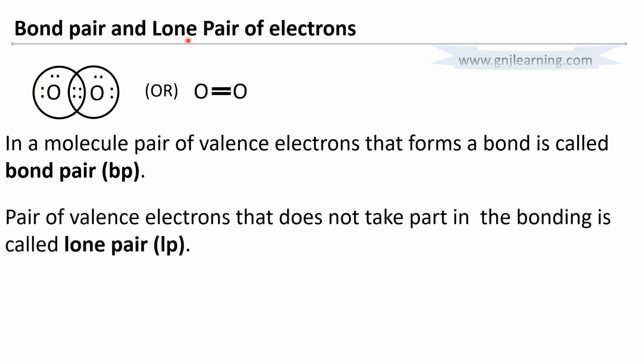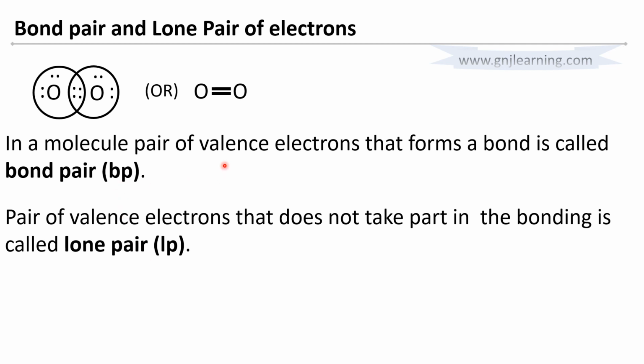Pairs of valence electrons, not all electrons but valence electrons, that do not take part in bonding are called lone pairs of electrons. So in a Lewis structure we have 2 types of valence electrons.